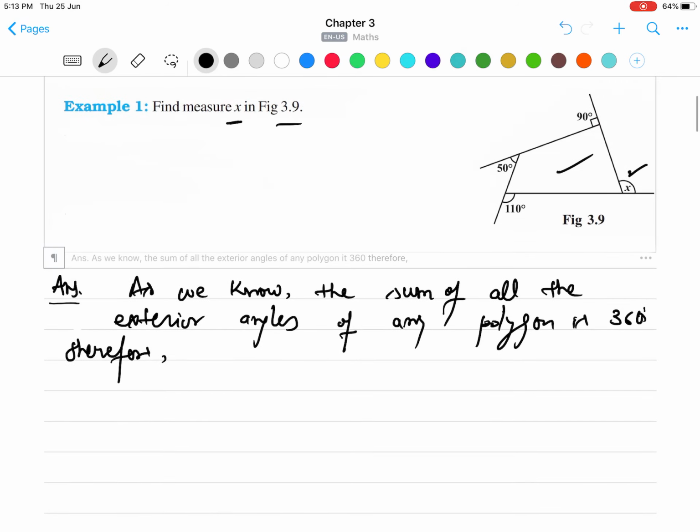Therefore, if we add all four angles, 90 plus 50 plus 110 and x, their sum should be equal to 360 degrees.